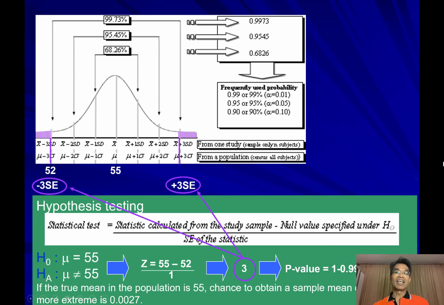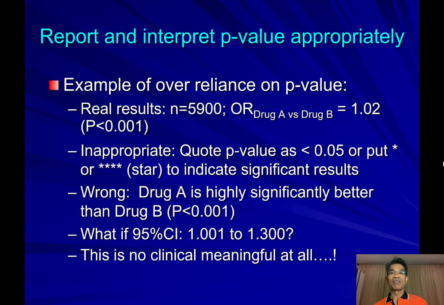That is the second component of statistical inference. I would like to emphasize these two components: report and interpret the p-value appropriately. How? Here is an example of over-reliance on the p-value. Do not do it like this.